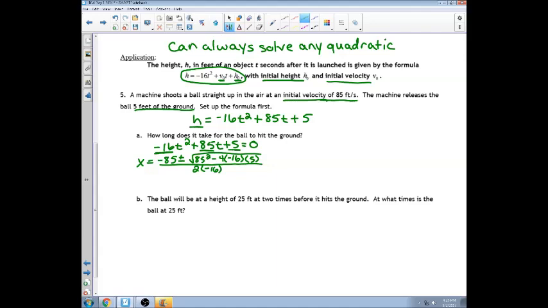Okay? Now again, just like we did up top, if you type in everything underneath your square root sign correctly, so you can type in 85 squared minus 4, parenthesis negative 16, and then parenthesis 5, what you're going to end up with is x equals negative 85 plus or minus the square root of, I don't have that, sorry.